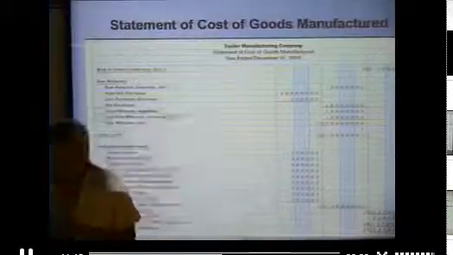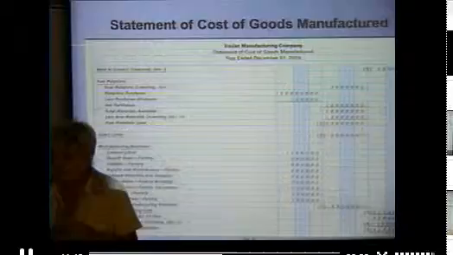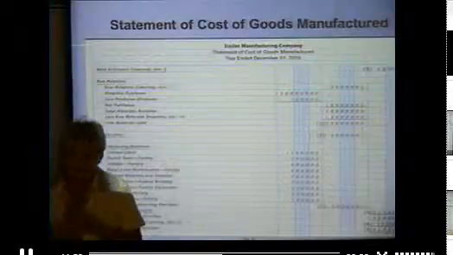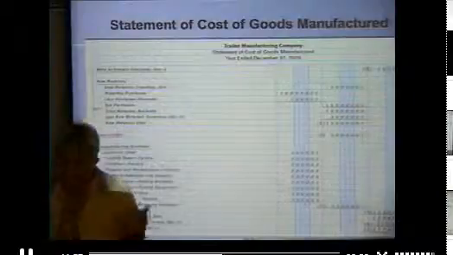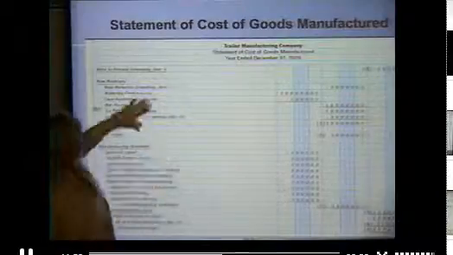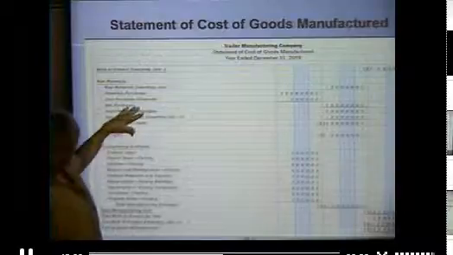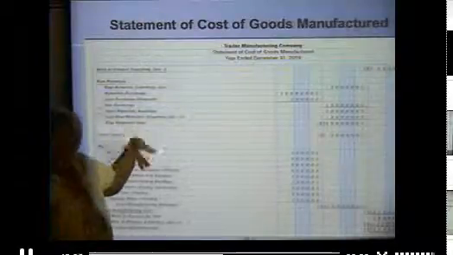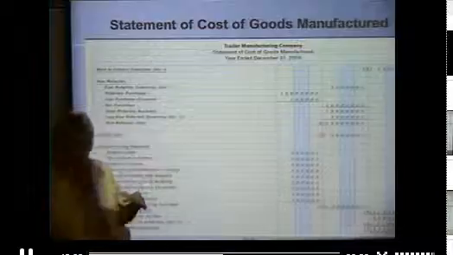Again, on raw materials, just like on our other purchases and inventory, we have purchases, discounts, returns and allowances. We have to come up with our materials purchased, take out the discounts, come up with our net purchases, just like before, to come up with total materials available for use.